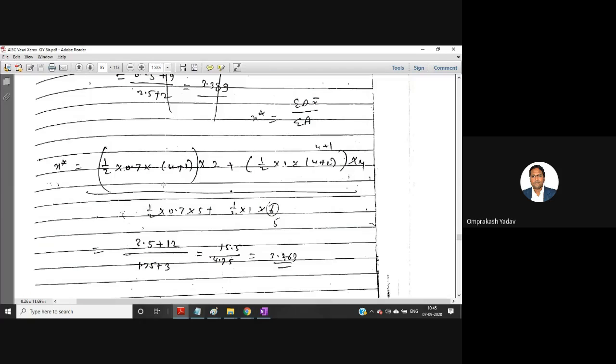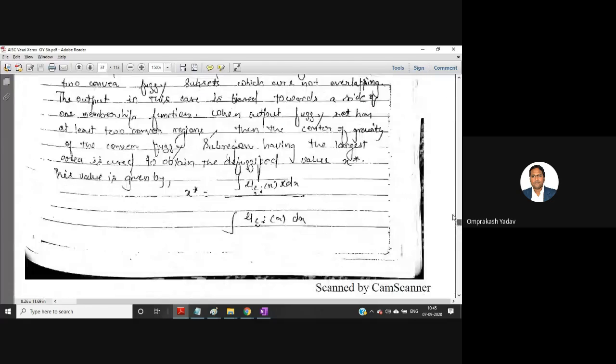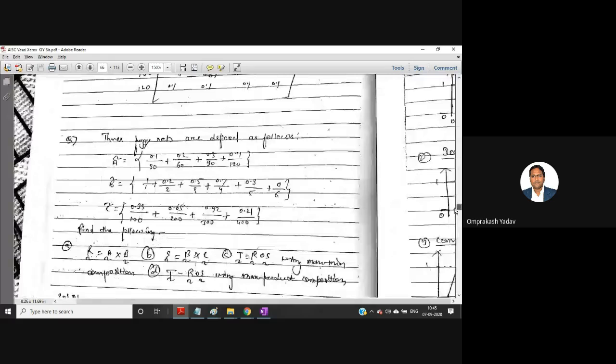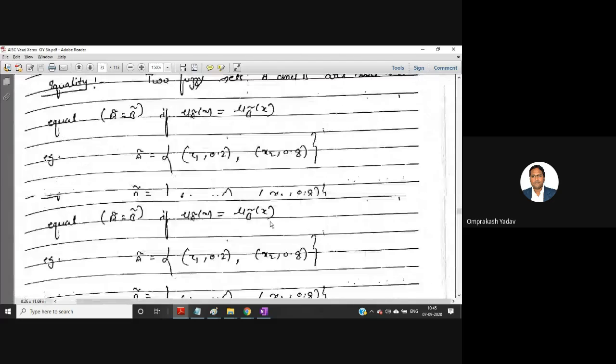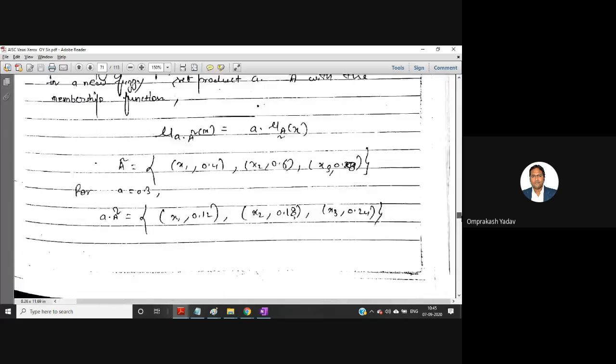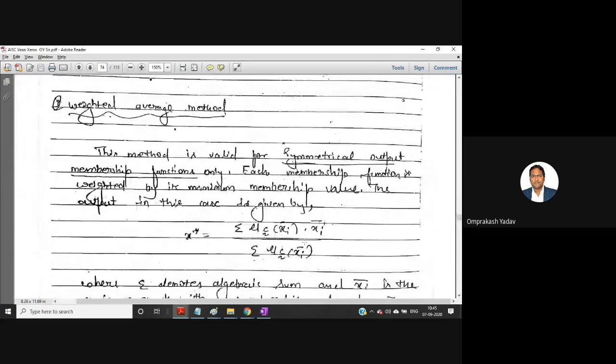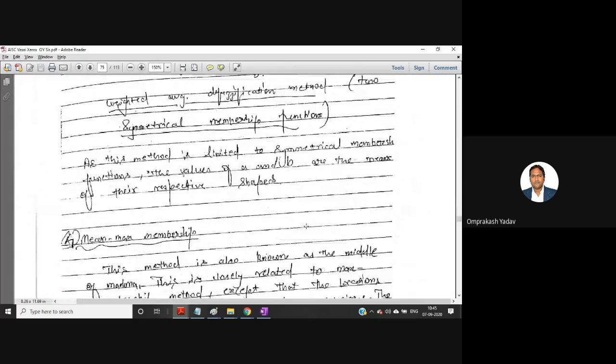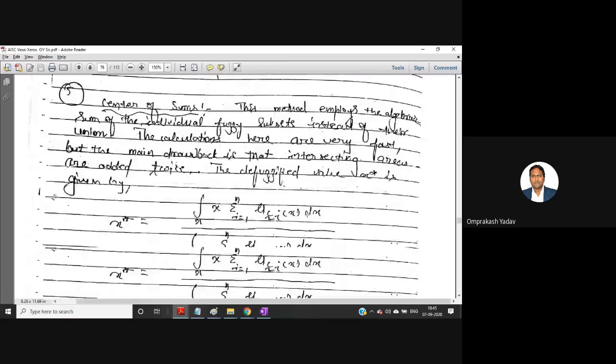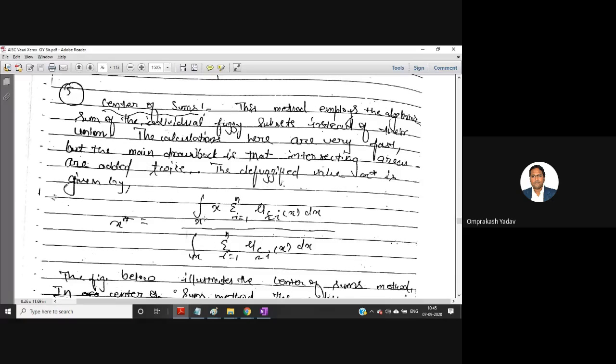Let's first see the definition. Center of sum. So here also there is integration: x times the sum of mu c i of x dx, upon again this integration, with i equal to 1 to n, mu c i of x dx.